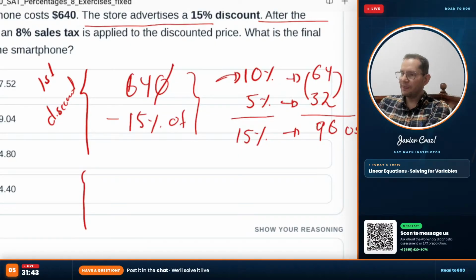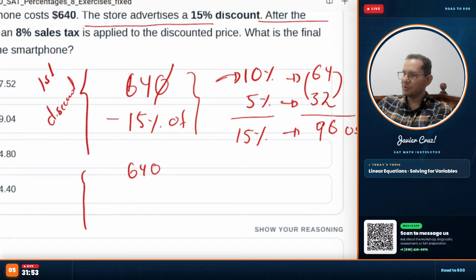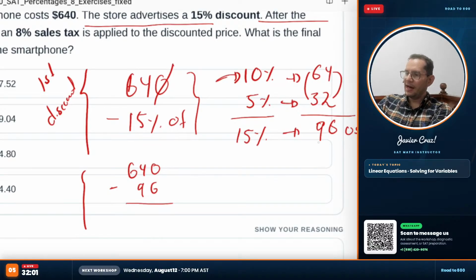But our base price now, what is our base price? It's not 640 because we applied the discount of 96. So we need to subtract the 96 discount. Pay attention, that's not the final price. That is the discount. So the discount has to be discounted. So we subtract here.